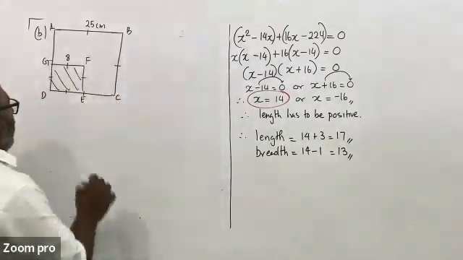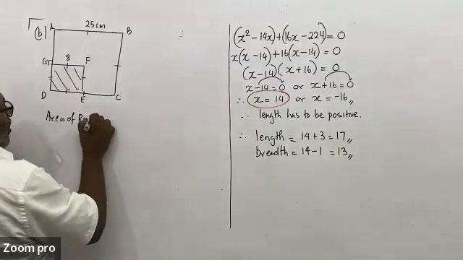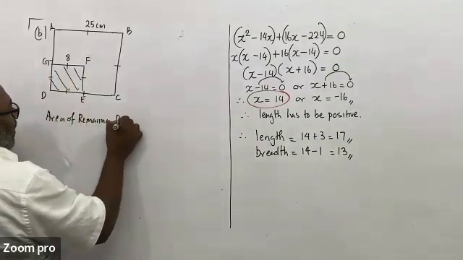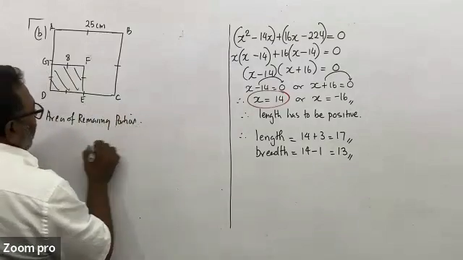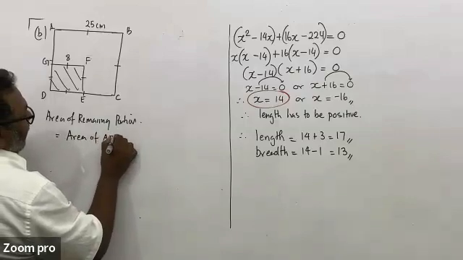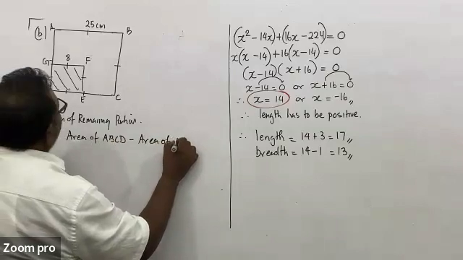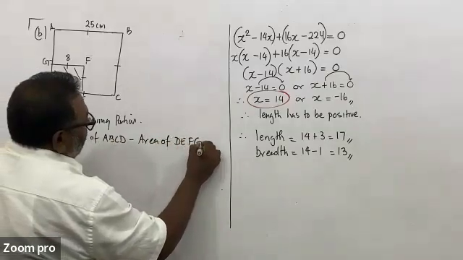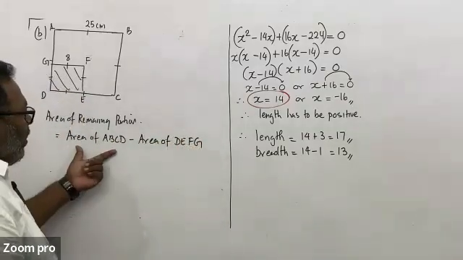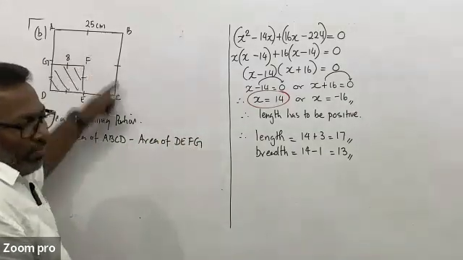So area of remaining portion is what? Area of remaining portion is area of ABCD minus area of DEFG. That's what you need to do. Right? Area of ABCD minus this will give you the remaining part.